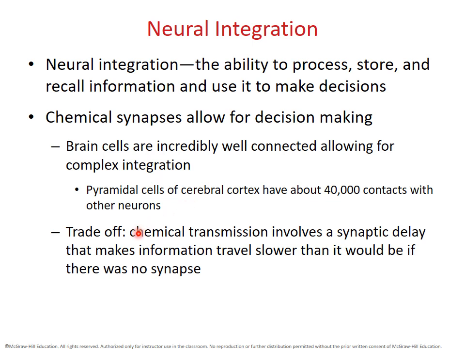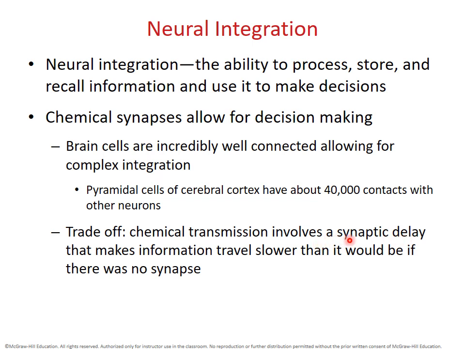Now, the one thing that will slow things down is with all these contacts and potentially thousands of synapses involved in a single integrative pathway, there is something known as synaptic delay.